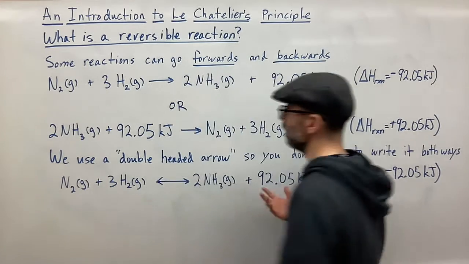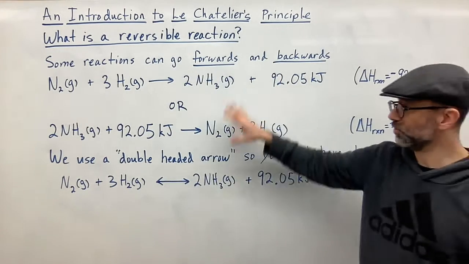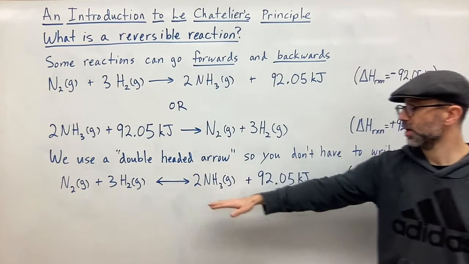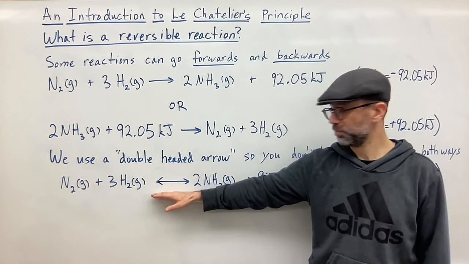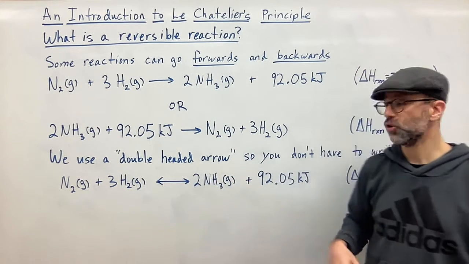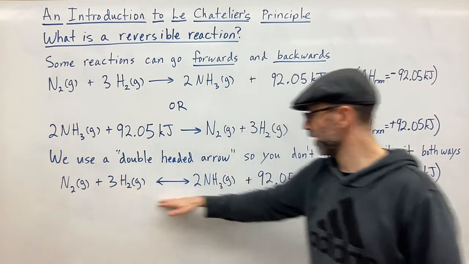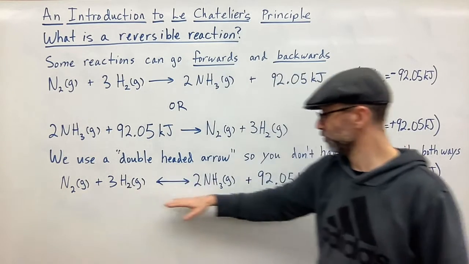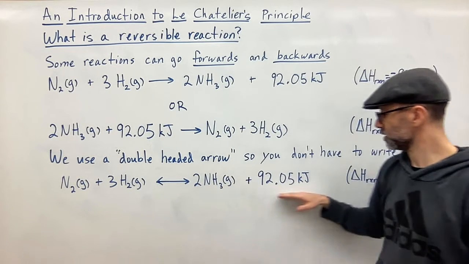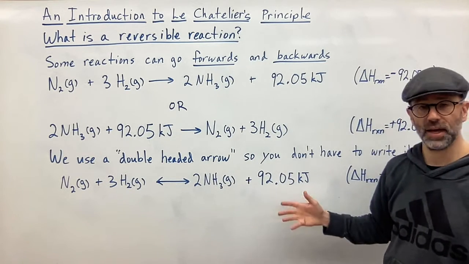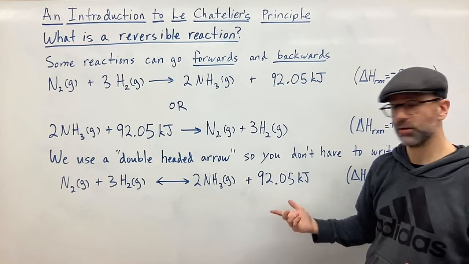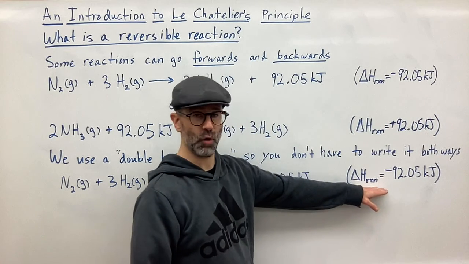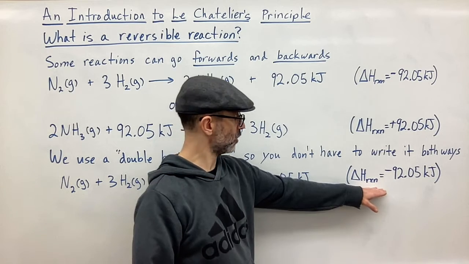And so we can write both of these together using a double arrow. So we use a double arrow to represent the equilibrium. So it can go either way. Normally we write it in this way here. So we write it as the nitrogen plus the hydrogen gives you the ammonia plus the energy. And then if we want to look at the reverse reaction, we just have to change the sign of your delta H of the reaction.